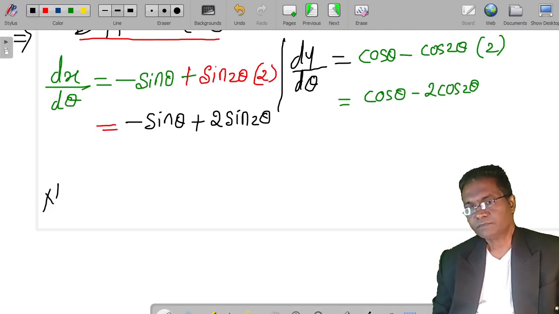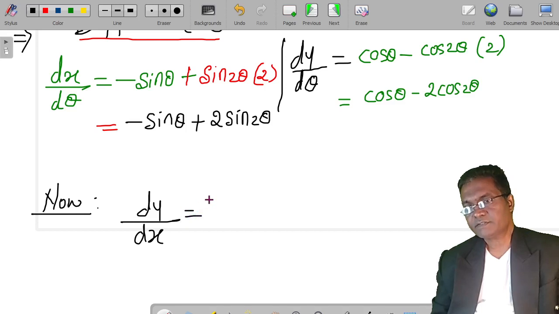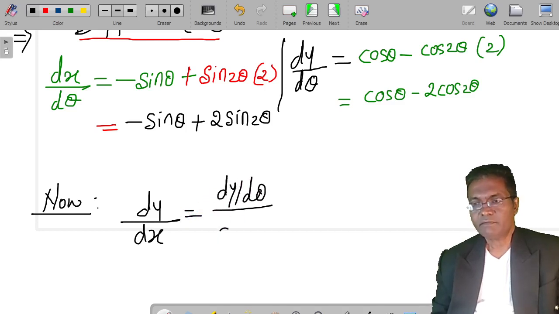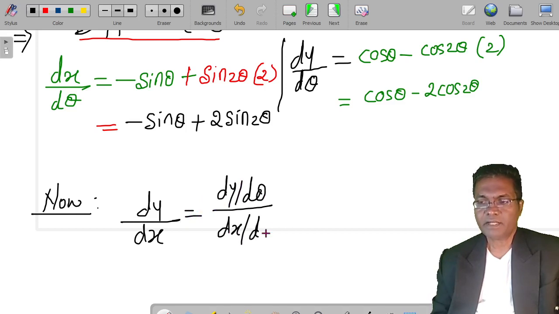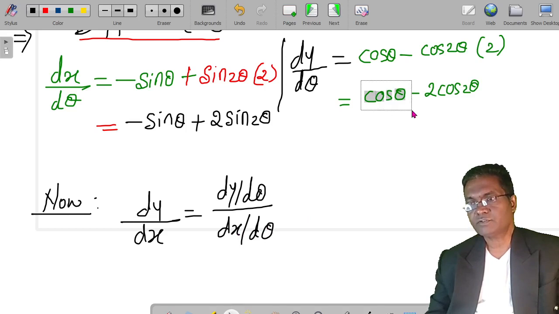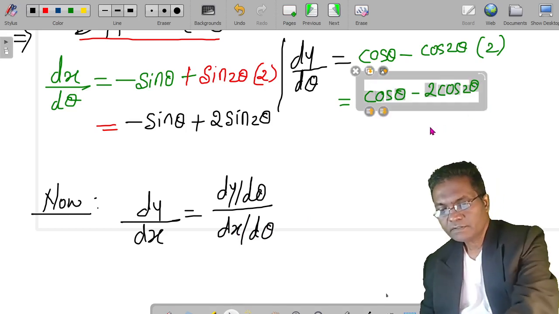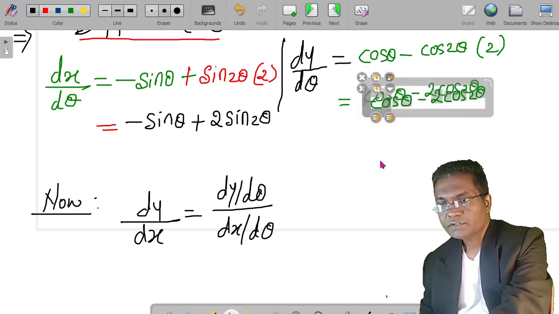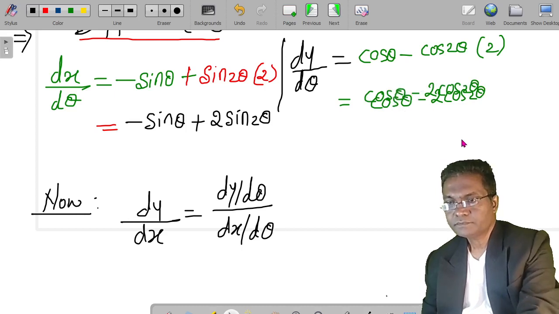Now dy by dx is, as usual, dy by d theta divided by dx by d theta, and you can substitute these values.